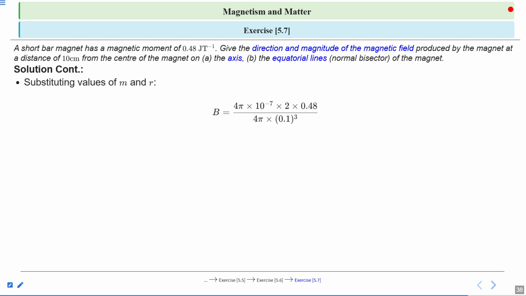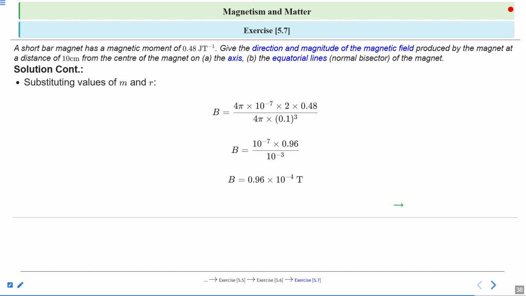So 4 pi and 4 pi will get cancelled out, and 2 into 0.48 will become 0.96. So B will be equal to 10 to the power minus 7 into 0.96 upon 10 to the power minus 3. After solving it, the magnetic field will be equal to 0.96 into 10 to the power minus 4 Tesla.